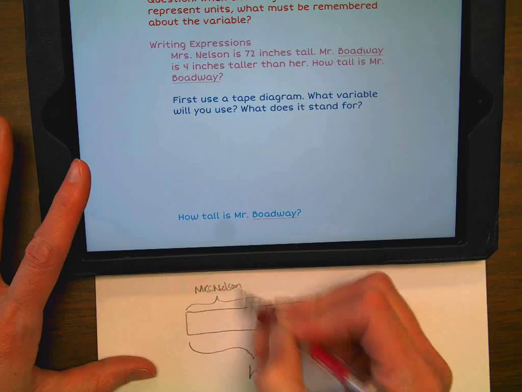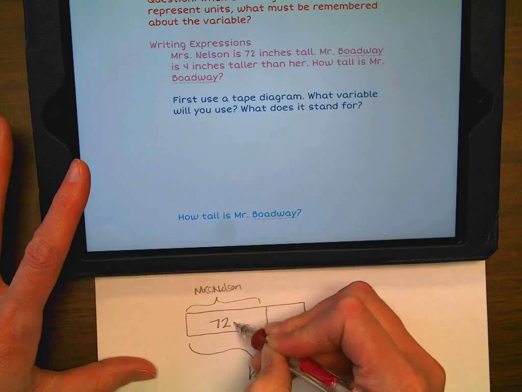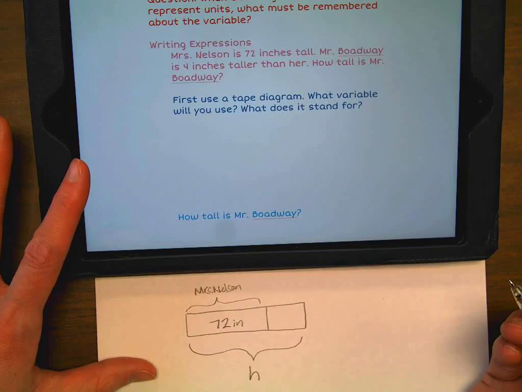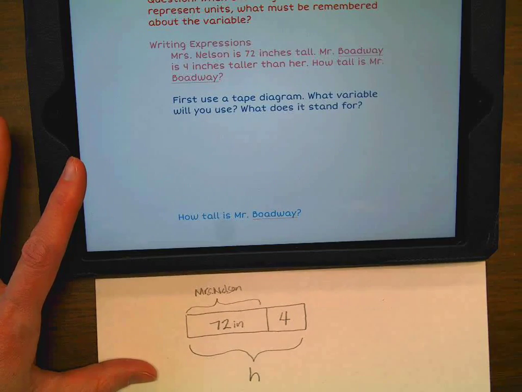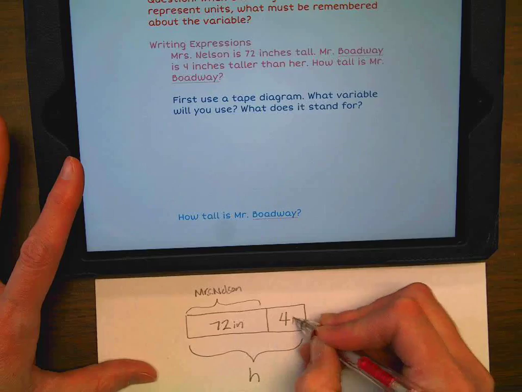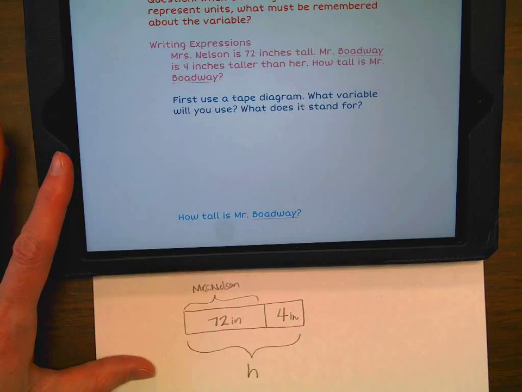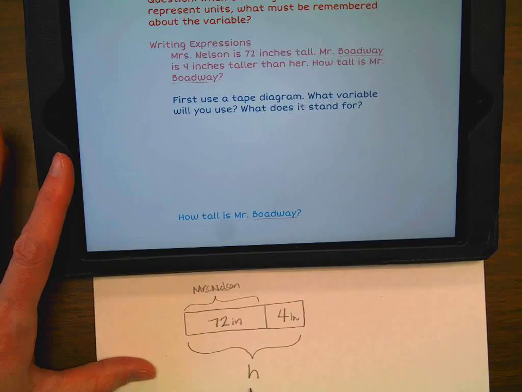And how tall is Mrs. Nelson? 72 inches, that is correct. Okay, and then it says that Mr. Bodway is 4 inches taller than her, so we need to put another 4 inches in here. So now we know that this tape diagram right here can represent Mr. Bodway's height, and H is what is standing for height.